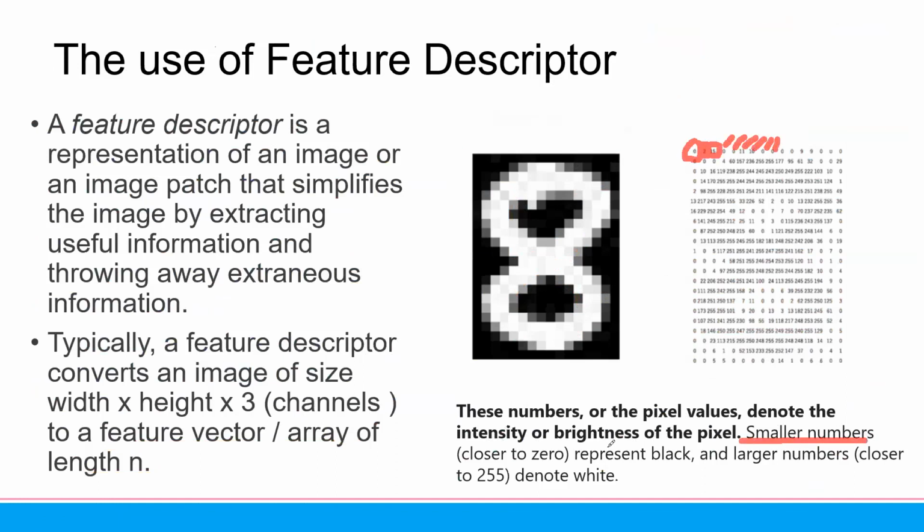Smaller numbers closer to 0 represent black. So the color is black. Larger numbers closer to 255 denote white. So you can see if it is white, then the number is 255. If it is black, the number is 0.